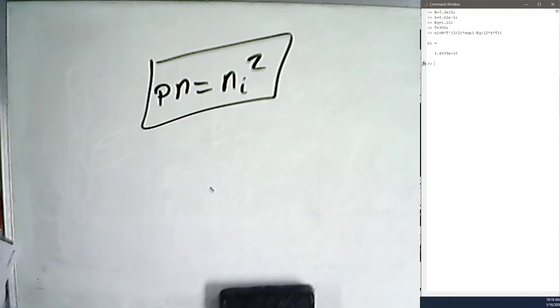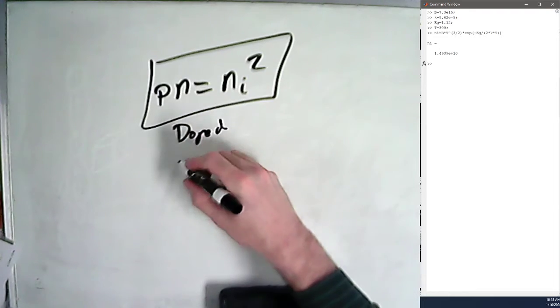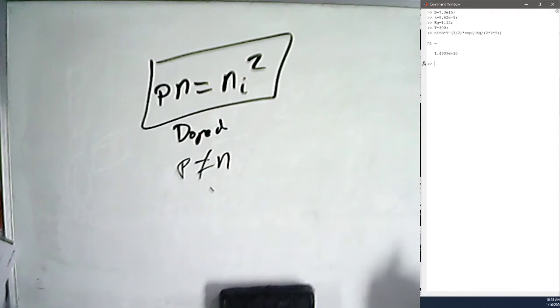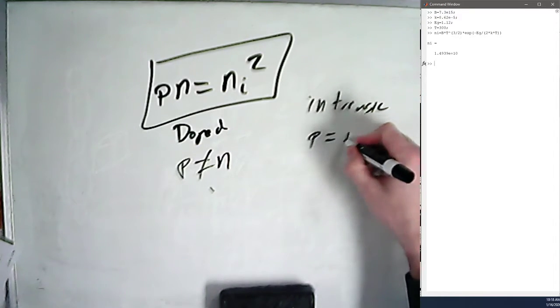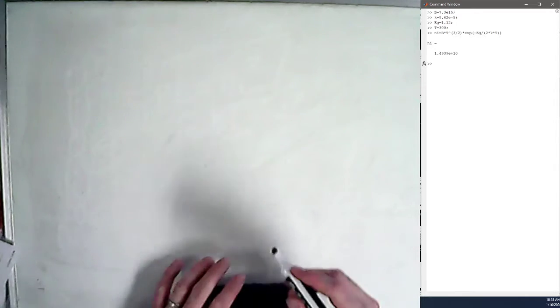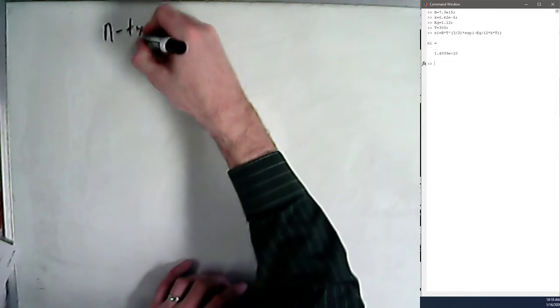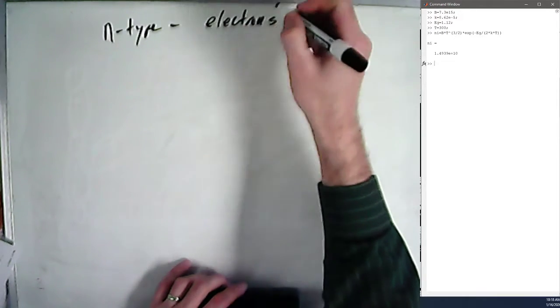What we want to be able to do is make very small changes in how many electrons or holes are there, so that in doped material, P will not equal N. In intrinsic, we already said P was equal to N. So we can dope stuff to be N-type, meaning it's more negative, with more electrons than holes.